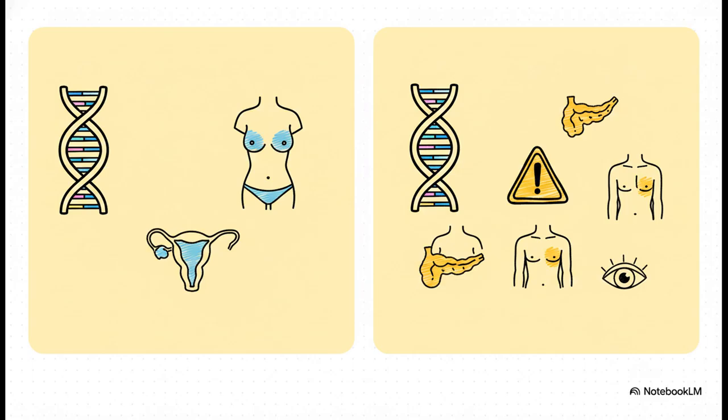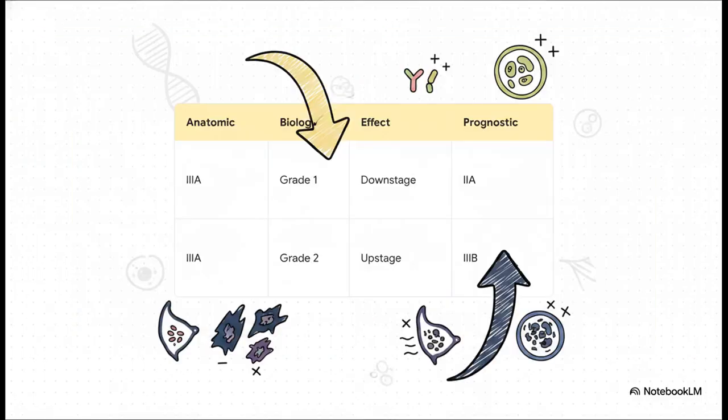But, and this is a big but, it carries a significantly higher relative association with prostate and pancreatic cancers, plus male breast cancer and even uveal melanoma. So when you see a family history that's just packed with prostate or pancreatic malignancies, your mind should immediately jump to BRCA2.